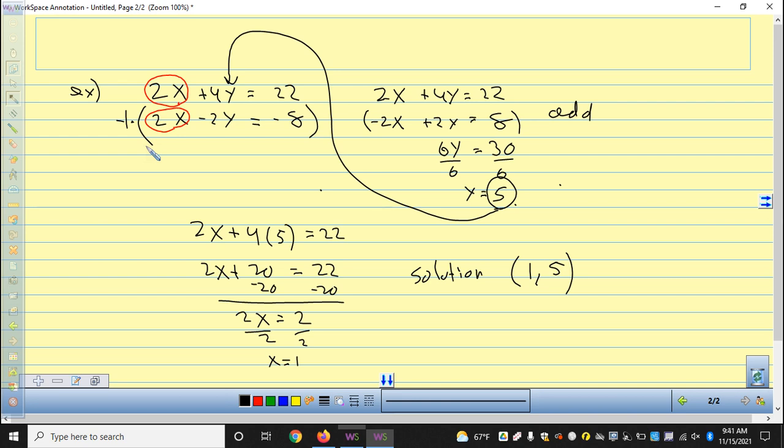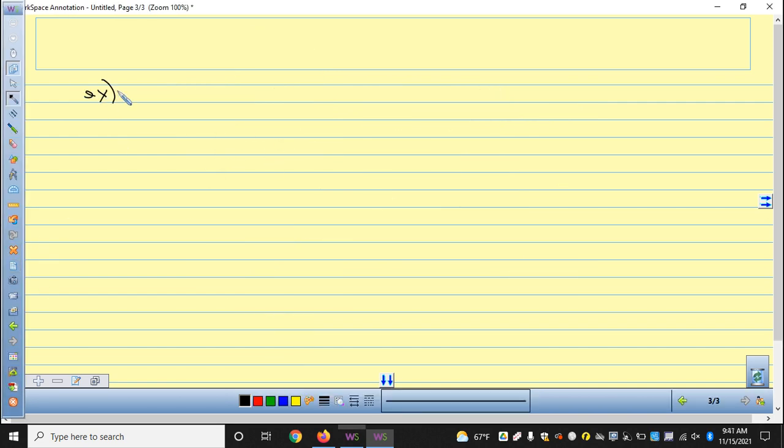All right, let's look at another example that's not quite as easy as this one, but the same idea. Negative 2x plus 12y equals negative 30, and 3x minus 4y equals 17. Well, now I don't have anything that really matches up in either of the equations.